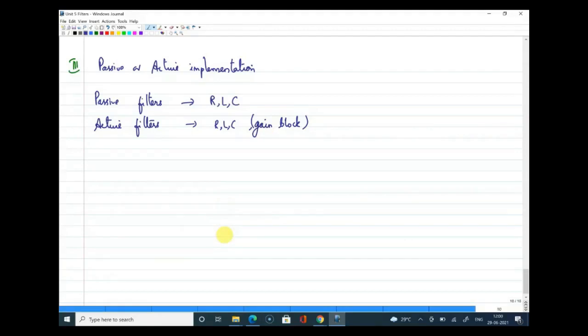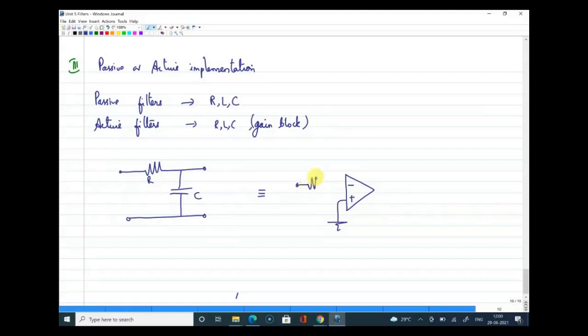So quickly, if I give a simple example again with the passive filter, if it is low pass, we will draw the filter like this with R and C. But if you want to implement the active version, we take an op amp and connect a resistor to the input and a capacitor in the feedback.